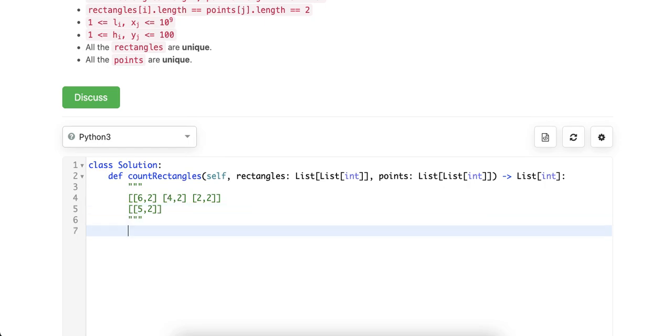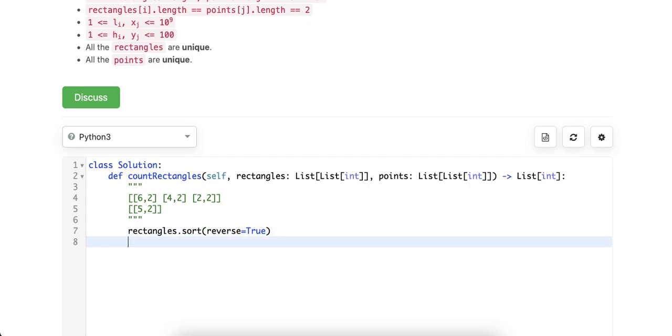That's why we need to sort the rectangles in reverse order. And another thing just now is we need to sort the points too.